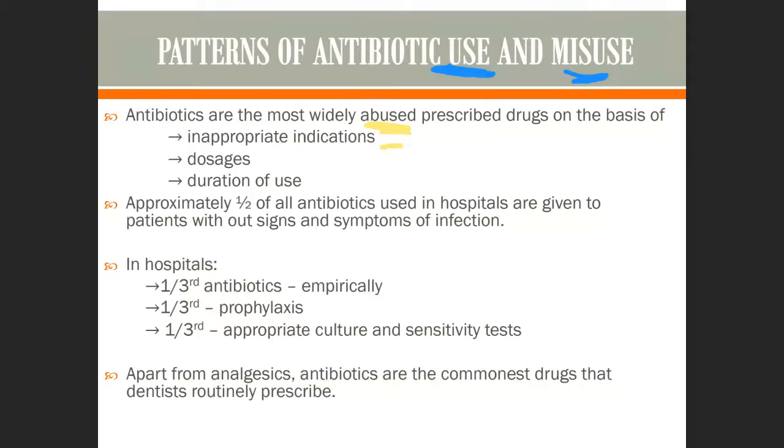In hospital, the use of antibiotics: this will clear your doubt. In hospital, if we see, 1/3 of antibiotics are given empirically, 1/3 as prophylaxis, and 1/3 based on appropriate culture or sensitivity test. For example, out of 10 prescriptions, 3 antibiotic prescriptions will be empirical, 3 prophylaxis, and 3 based on appropriate culture and sensitivity test.